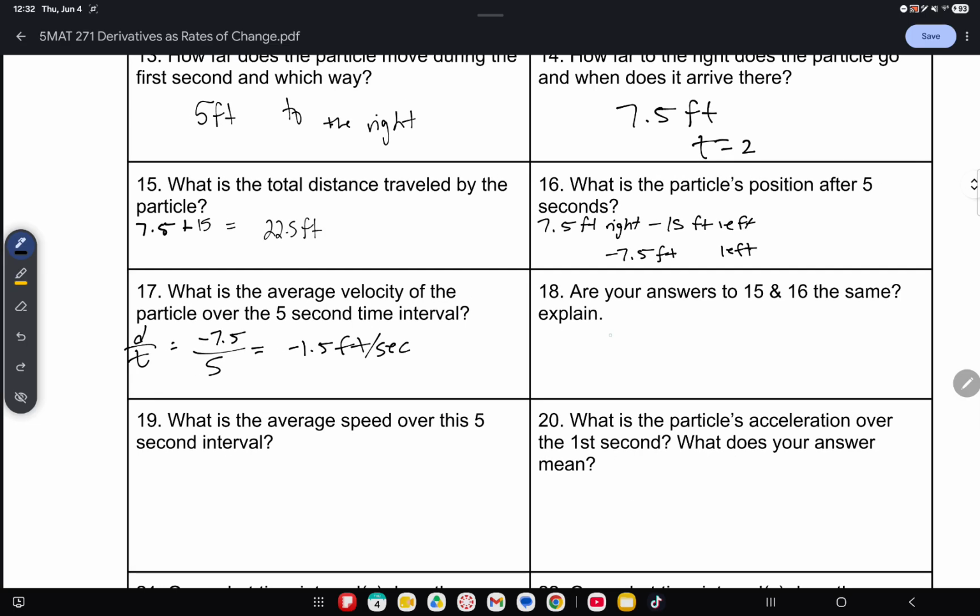Are your answers to 15 and 16 the same? So we got 22.5 and negative 7.5. No. 15 just asks for the total distance, whereas 16 is asking for its final position. It's taking in account the direction it's going, and that's called displacement.